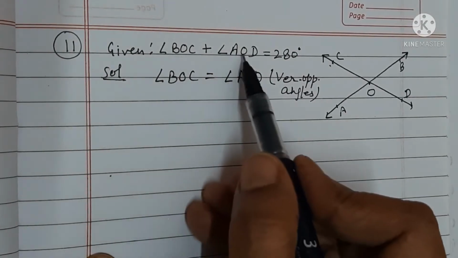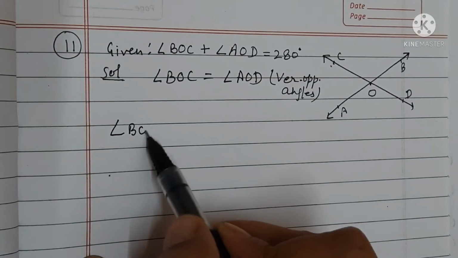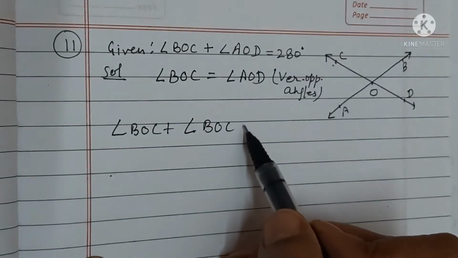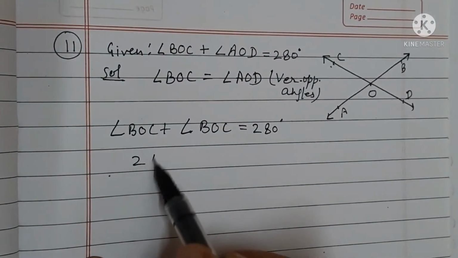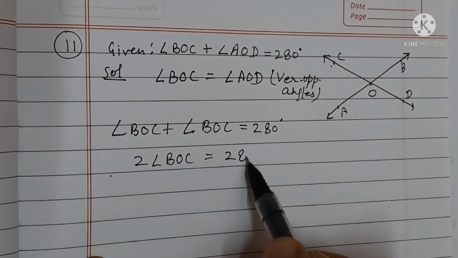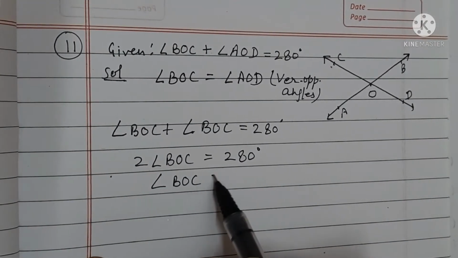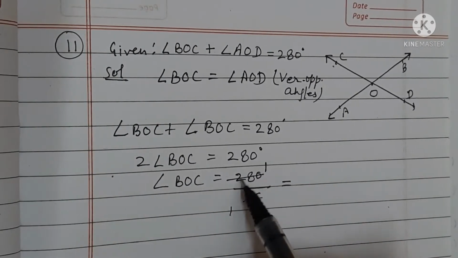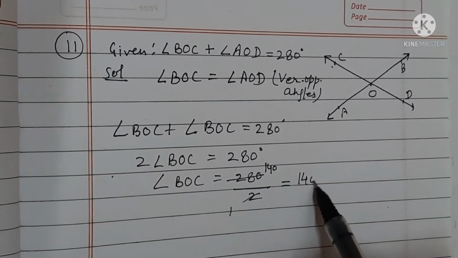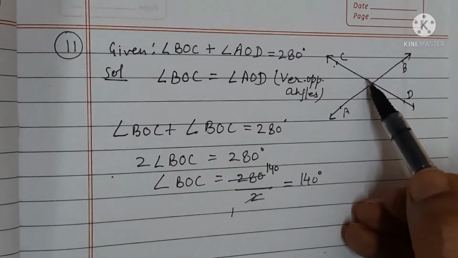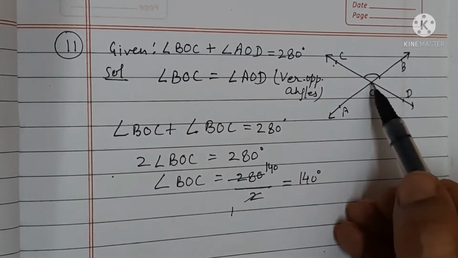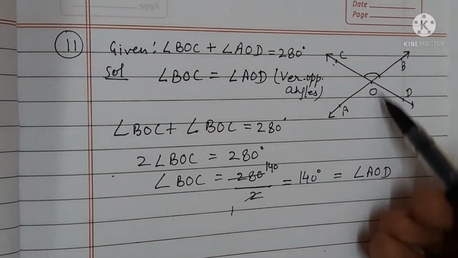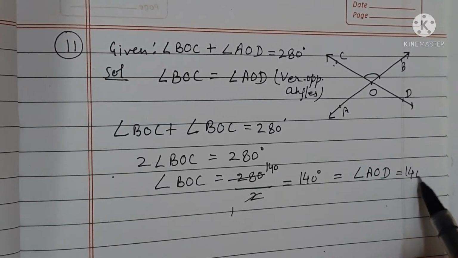Now you can write angle BOC plus angle BOC, 2 times, because both are equal, is equal to 280 degrees. 2 times angle BOC is equal to 280 degrees. Angle BOC is equal to 280 upon 2, which is 140 degrees. So angle BOC you get 140 degrees, and angle AOD also, vertically opposite angles are equal, so this is also 140 degrees.